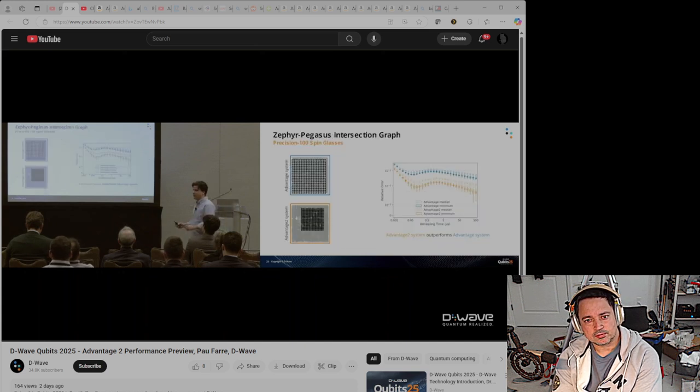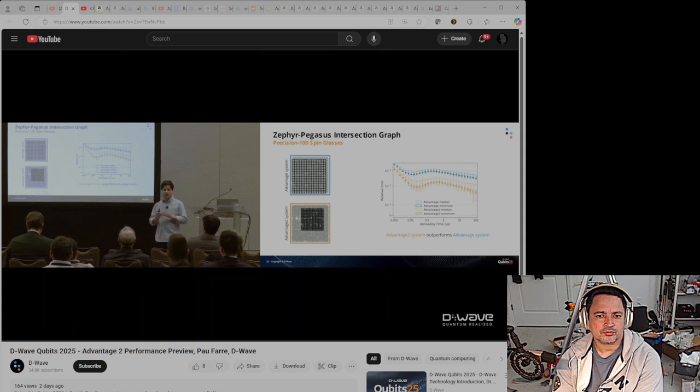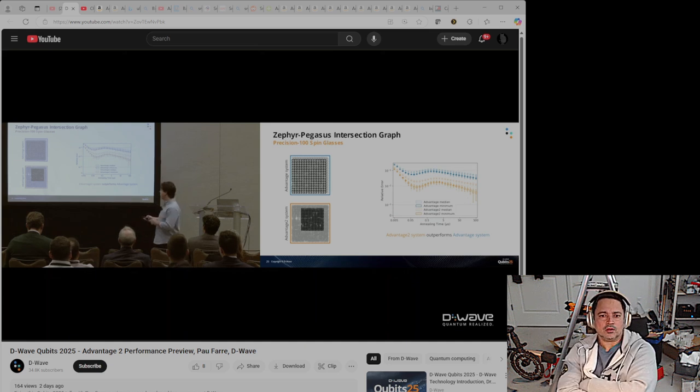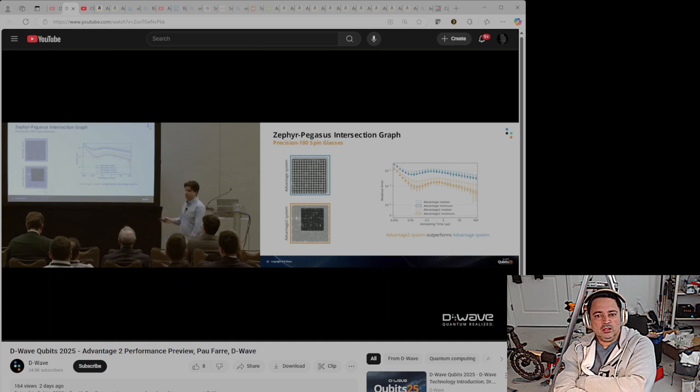All right, so let's get back to comparing Advantage 1 and Advantage 2. These problems are no longer minor embedded problems. This is just taking the intersection between the two chips. If you take the intersection between a Pegasus layout and a Zephyr layout, what you get is a chimera graph. And in this chimera graph, we set precision 100 spin glass weights.